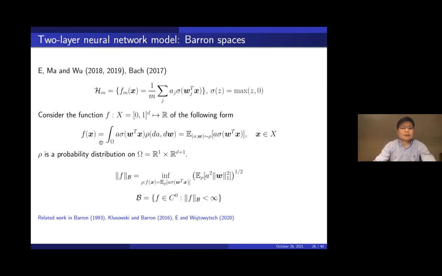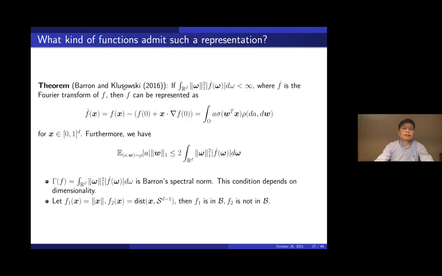So one natural question is, what kind of functions admit such a representation? There's a theorem proved by Barron and Klusowski, which says that if this quantity is finite, where f hat is the Fourier transform of f, so if the Fourier transform decays sufficiently fast such that this quantity is finite, then this f can be represented in the way that we had before, and the Barron norm is this quantity here.